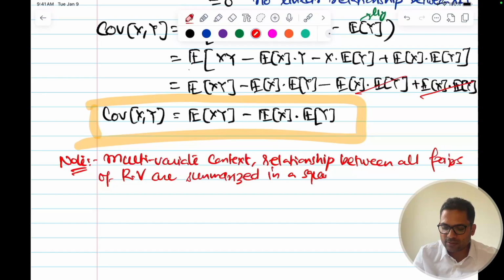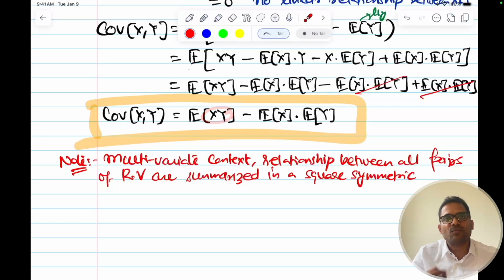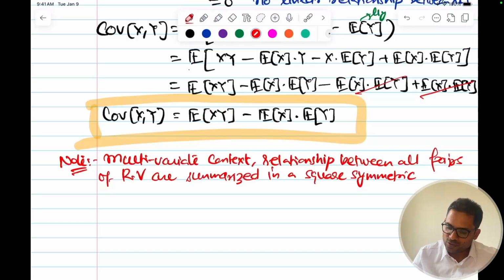We'll discuss this in the linear algebra module. It will also be symmetric, because the relationship between x and y is the same as between y and x, nothing changes. It is a square symmetric matrix, called the covariance matrix.